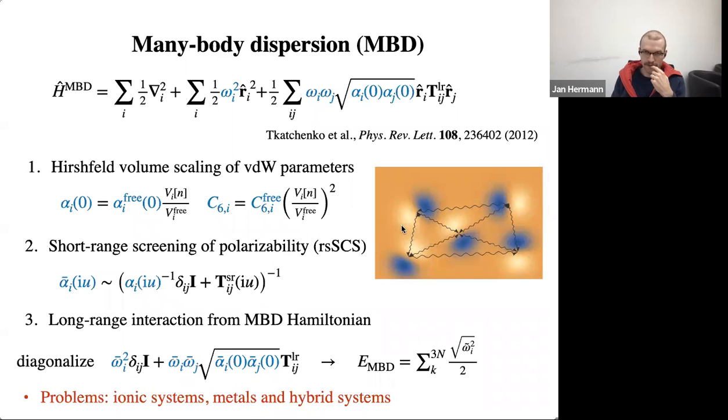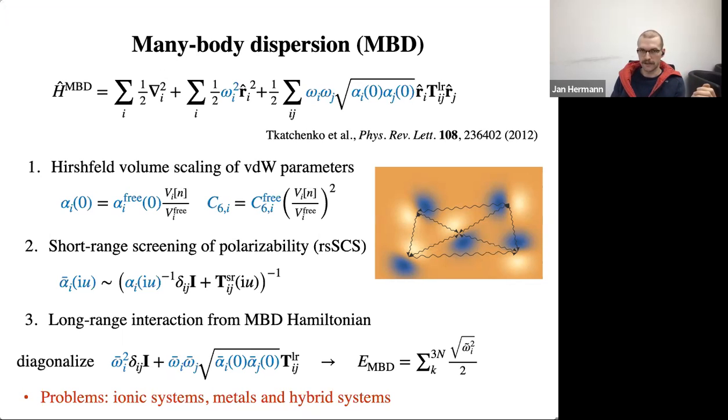The many-body dispersion is based on a very simple idea where you model your atomistic system by quantum harmonic oscillators. On each atom you put a harmonic oscillator. You couple these oscillators with just dipole electrostatic interaction, write down a Hamiltonian for it, that's here, and you solve that Hamiltonian. It has the advantage that it can be solved numerically exactly.